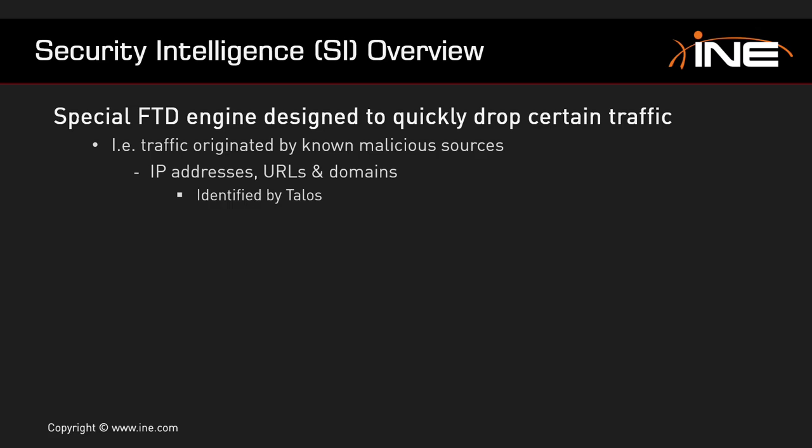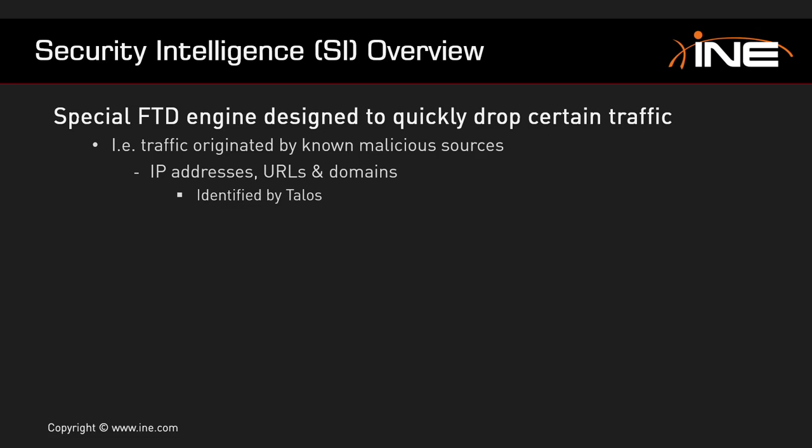So the logic here is that the engine is supposed to know about malicious sources, specifically IP addresses, individual URLs, or maybe entire domain names. It is going to know which of those addresses, URLs, or domains are bad, and it is going to drop the packet when it is destined to this malicious address or URL or a domain.